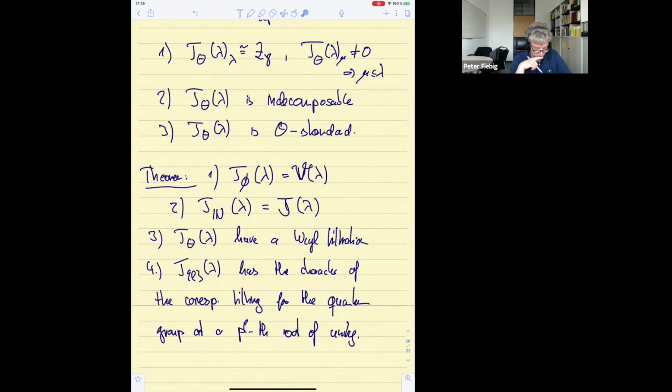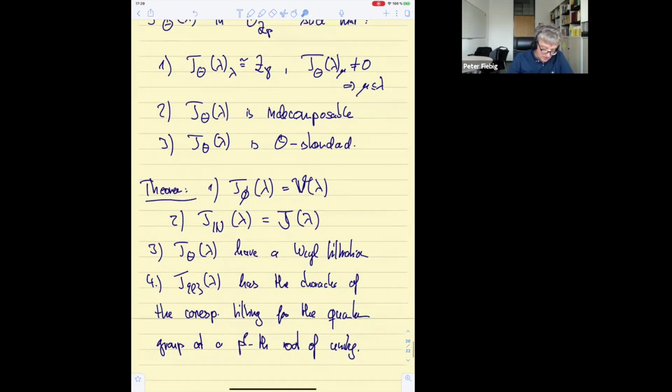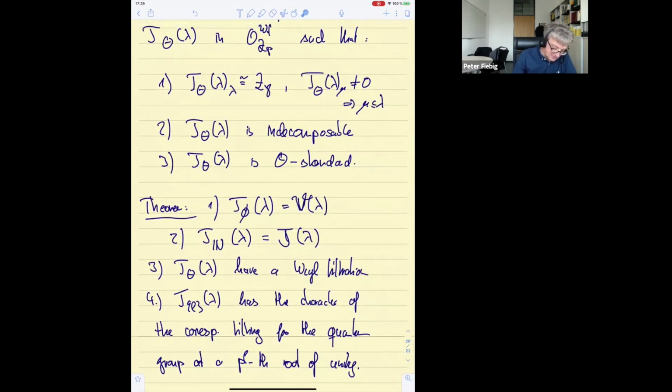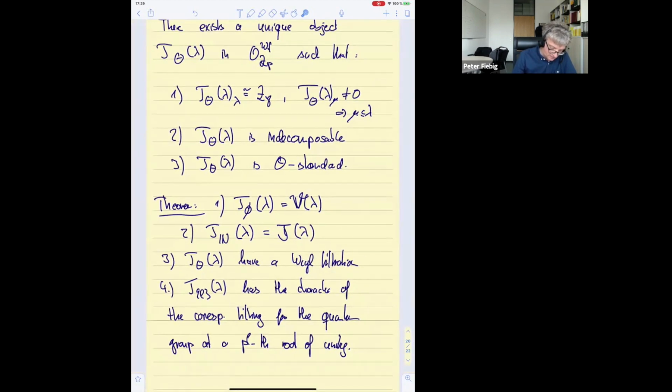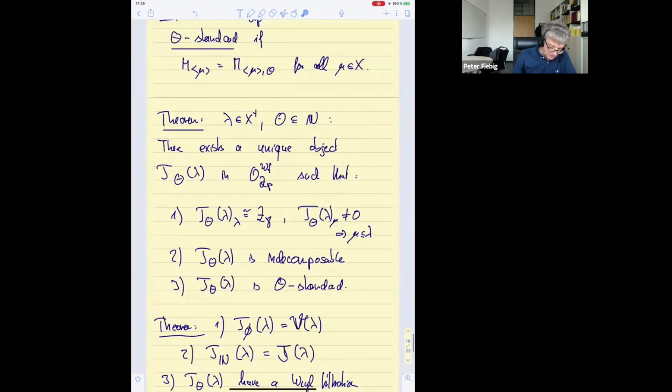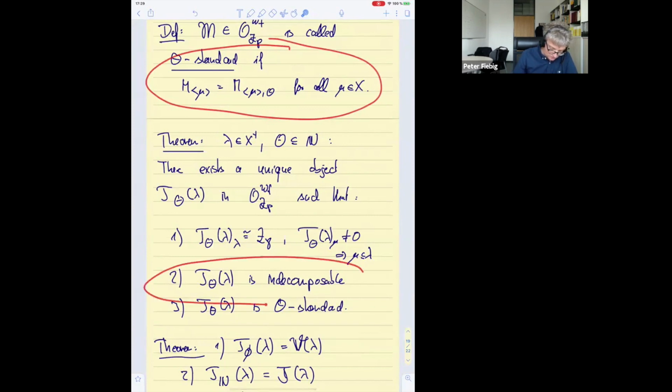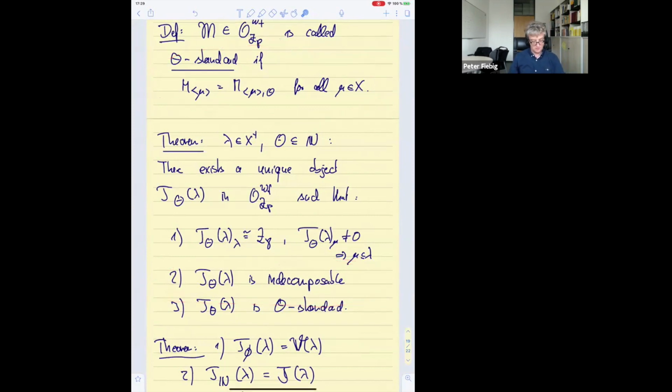You can also only look at one single element. These are called theta standard because every theta standard object is actually a direct sum of those. So that's why I called them theta standard. These T theta lambdas are the indecomposable theta standard objects.